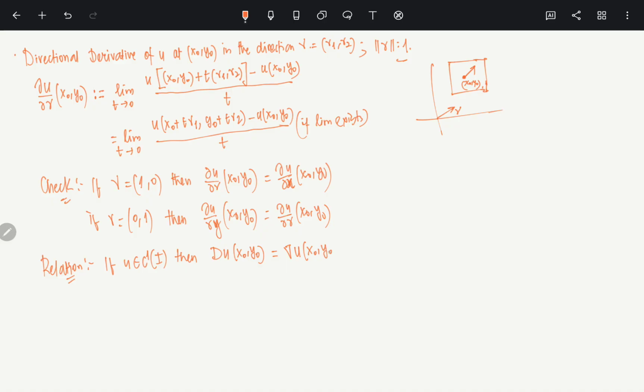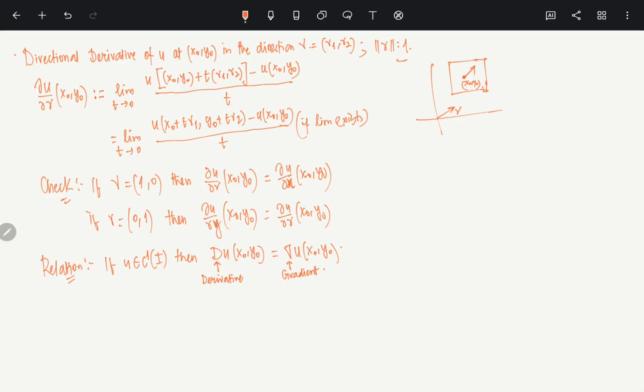This we already know. So this we will call the derivative operator, d of u, and this we will call the gradient operator, gradient of u.